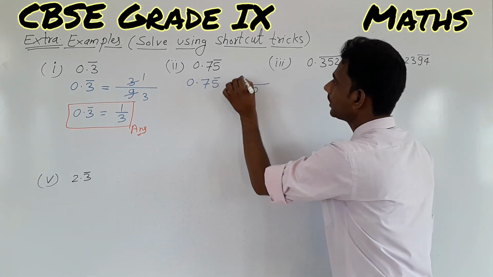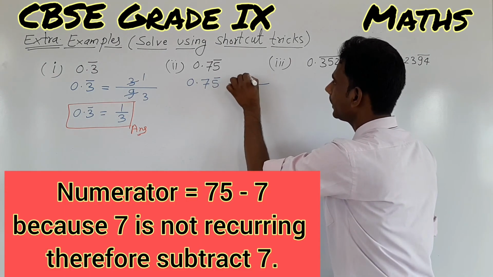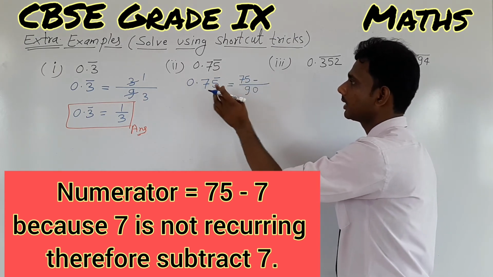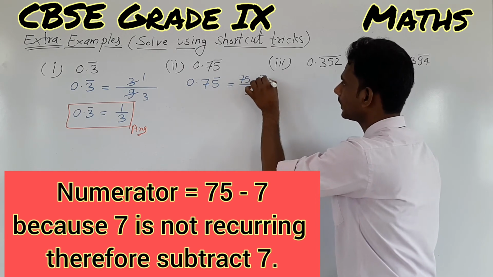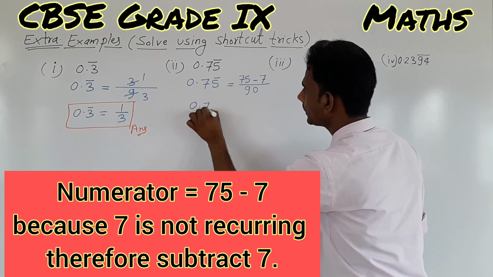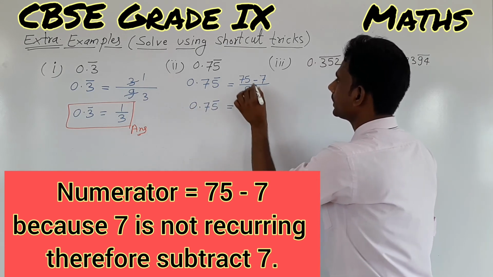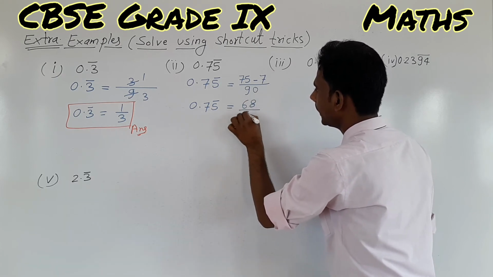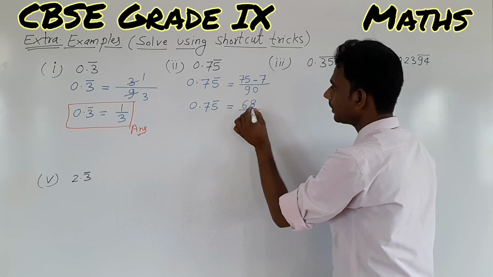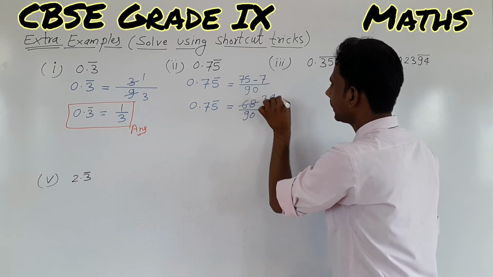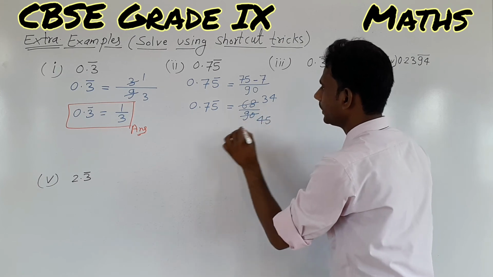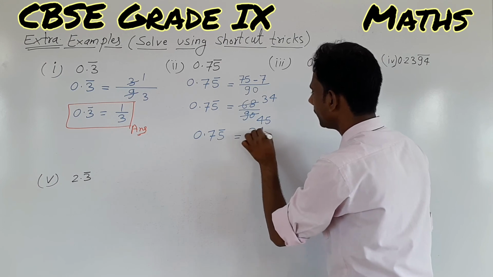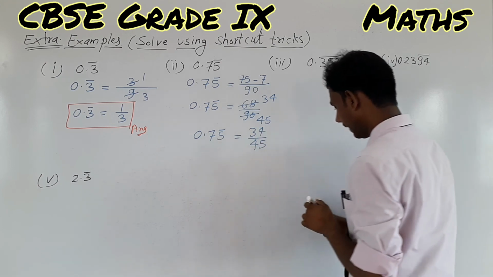First of all you write this number 75 minus the number which is not recurring. 7 is not recurring, means you subtract 7. 0.75 bar equal to 75 minus 7, it will be 68 upon 90. Reduce it by 2. 2 3s are 6, 2 4s are 8, 2 45s are 90. This will be equal to 0.75 bar equal to 34 upon 45. This is final answer.